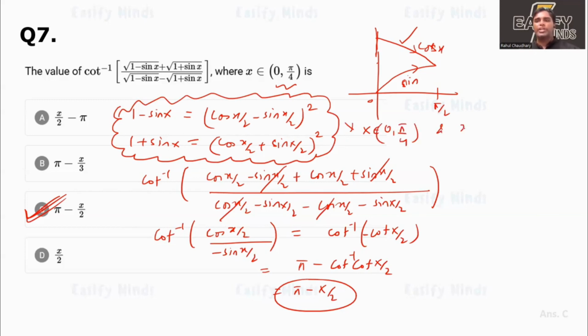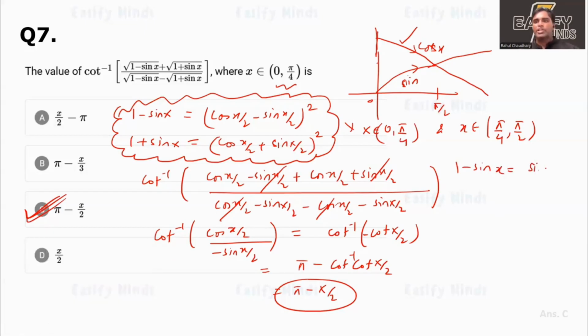Sir, what happens if they say x belongs to pi by 4 to pi by 2, 45 to 90? Then for 45 to 90, sine will become greater and cos will become smaller. So here the minus formula will change a little bit. This I will write as 1 minus sin x.